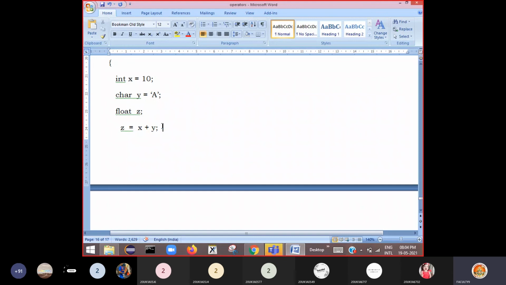Everything is stored internally as zeros and ones. The computer does not know capital A, capital B, small a, or these alphabets and numbers. So it stores capital A as a value called 65.